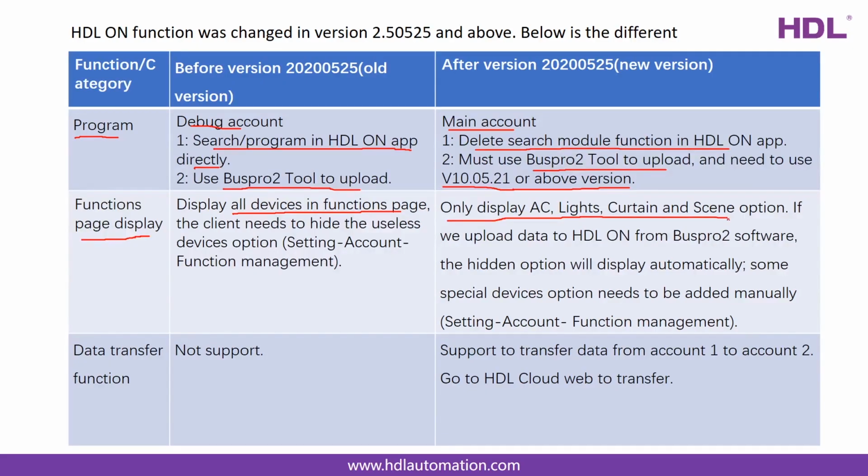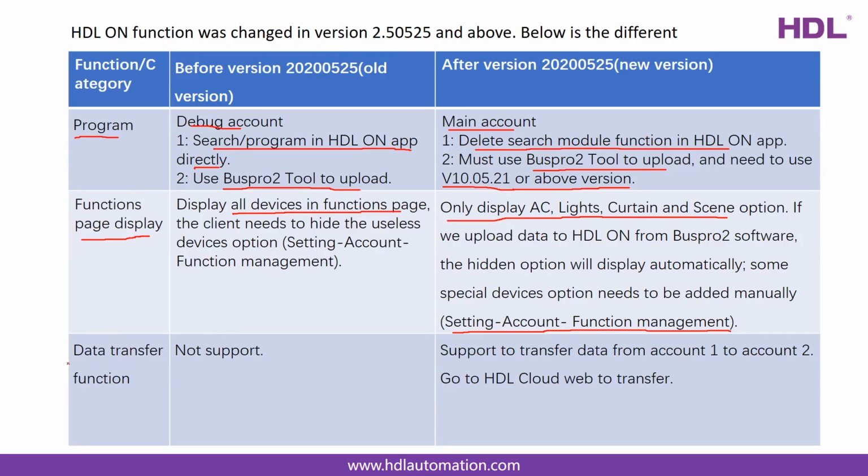If we upload data to HDL ON from the Passport software, the hidden options will display automatically, but some special device options need to be added manually. So you can go to the app, go to Settings, Account, Function Management. You can display or hide the functions.